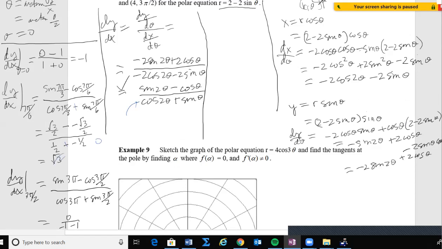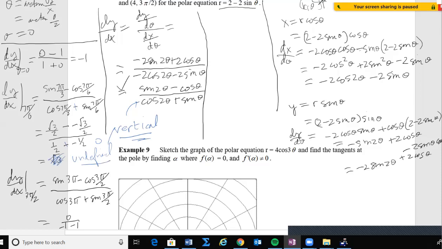That makes this guy here undefined. What we saw here is that dx d theta is 0, which means we actually have a vertical tangent there. So that's an oversight on my part. That one sign changed everything. Okay, so we got undefined there.